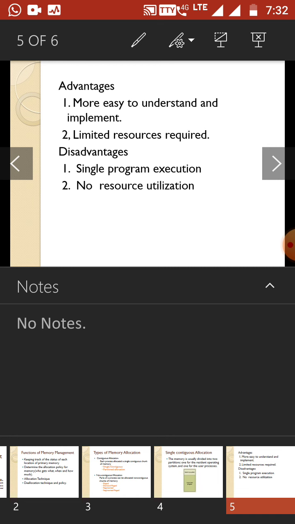Next we are going to discuss partitioned memory management, which overcomes the drawbacks of the single contiguous technique. Single contiguous has two disadvantages: it supports only uniprogramming and has no resource utilization. These two disadvantages will be overcome by the next technique, the partitioned technique, which will be discussed in the next class tomorrow.